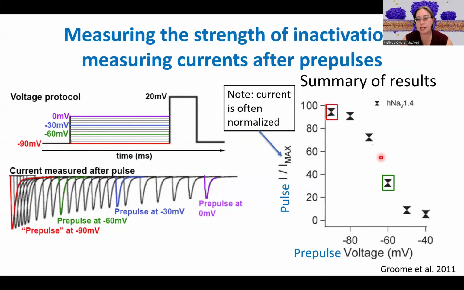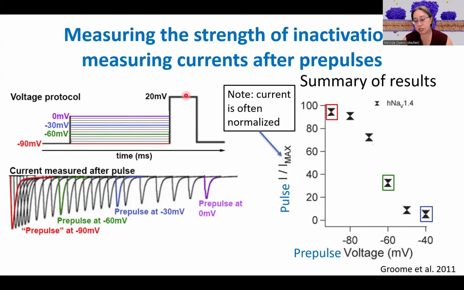Contrast that, if you pre-pulse at a higher voltage, like -60, you've got some of the channels opening, some of the channels inactivating, but still a bunch are available to open. They're not inactivated, they can open, and so you still get some current. At -30 or -40, maybe more are inactivated, so the ones that are left that can open at +20 are not so many.